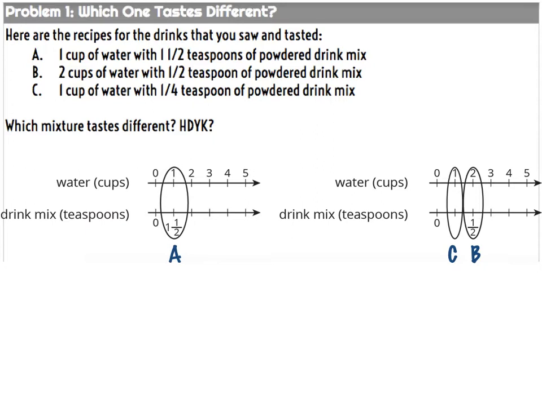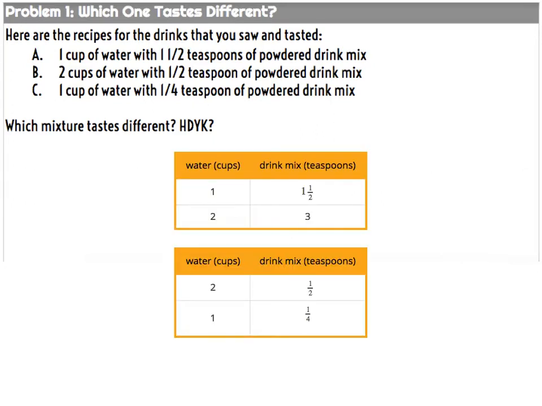And then finally, you can think about this as a table. If we're looking at A, if you had 1 cup, that's going to take 1.5 teaspoons of Kool-Aid, and 2 cups, if you doubled that, would take 3 teaspoons. On the other hand, B would be 2 cups of water with a half teaspoon, and C would be 1 cup of water with a quarter teaspoon.